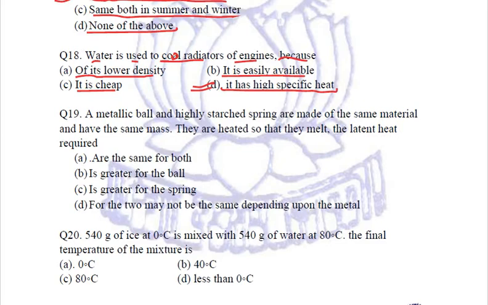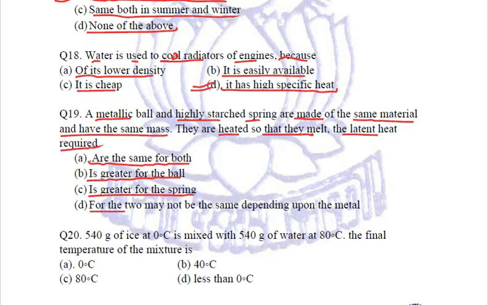In question number 19, the examiner is asking that a metallic ball and a highly stretched spring are made of the same material and have the same mass. They are heated so that they melt. The latent heat required, the four options given to us are: the same for both, or greater for the ball, or greater for the spring, or it may not be the same depending upon the metal.